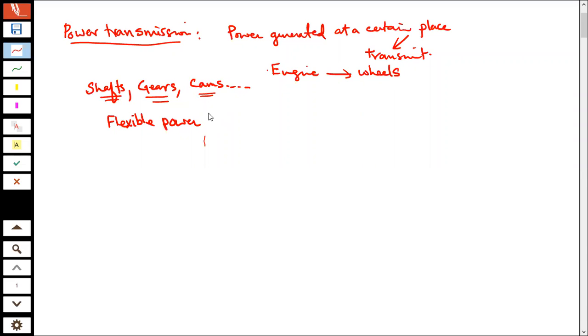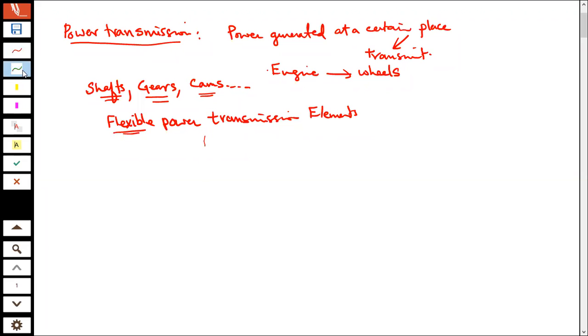Now, what are flexible power transmission elements? As the name says, they are flexible. Okay?